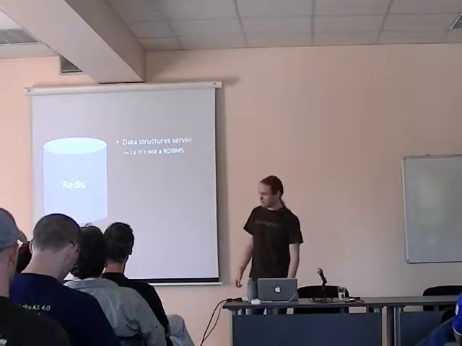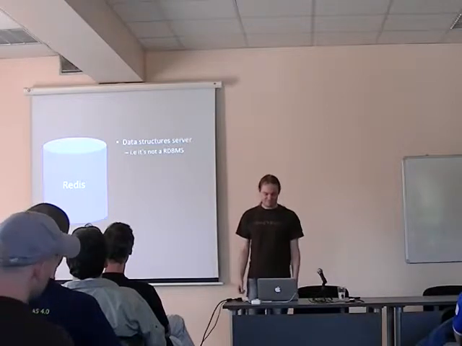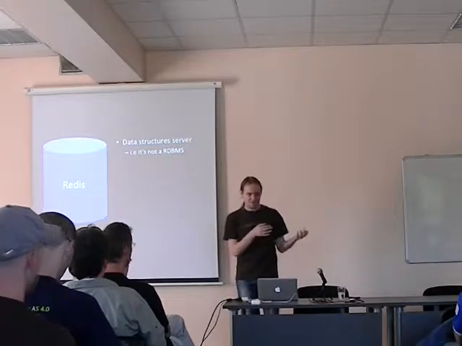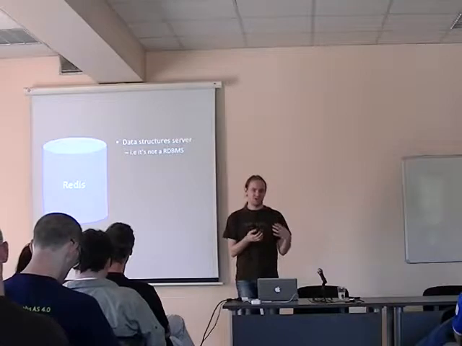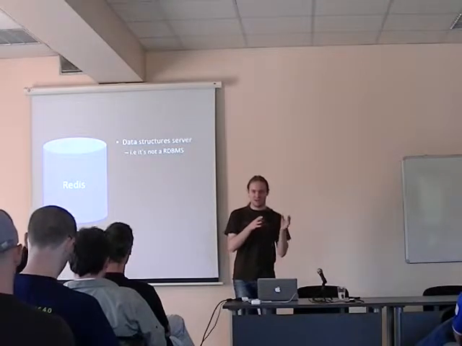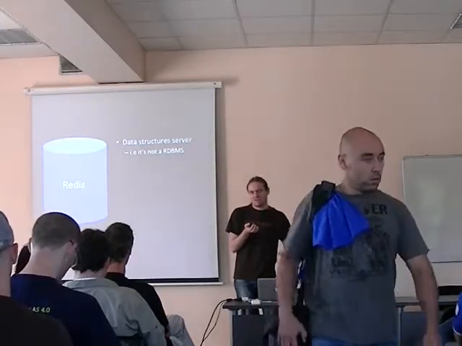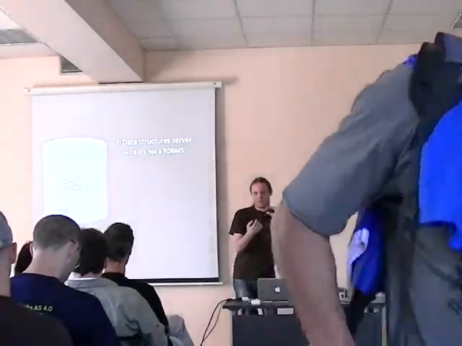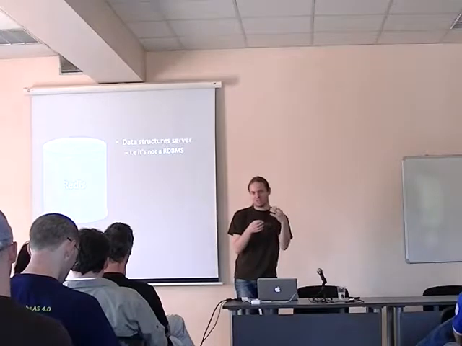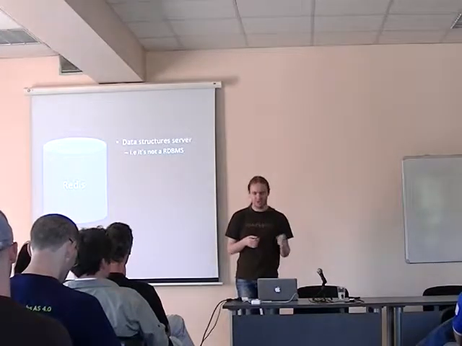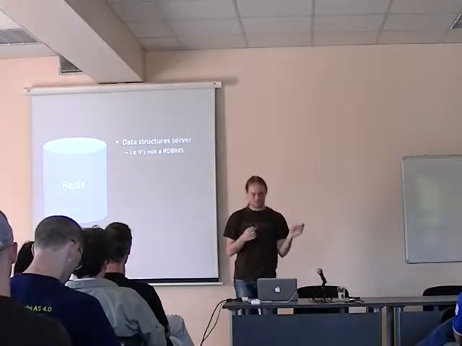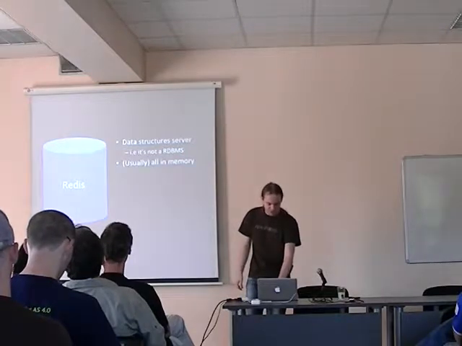It calls itself a data structure server, like I said. It's a hash table at the top level, and then it only lets you go one level deep. You've got the key, which has a name, like food or something, and then some data associated with that, which can be various different types. But it doesn't let you go more than one level deep. I'll explain that a bit more.